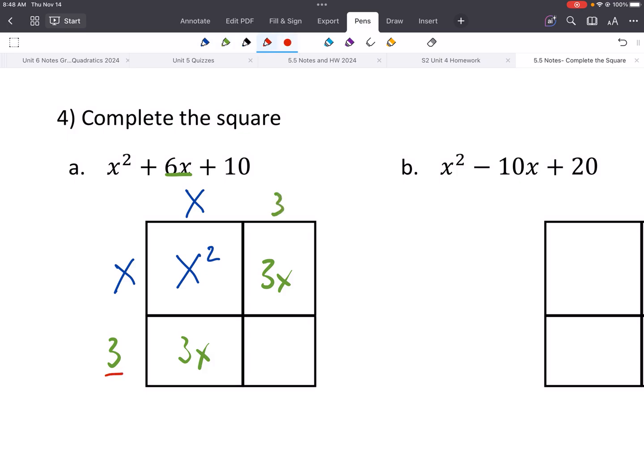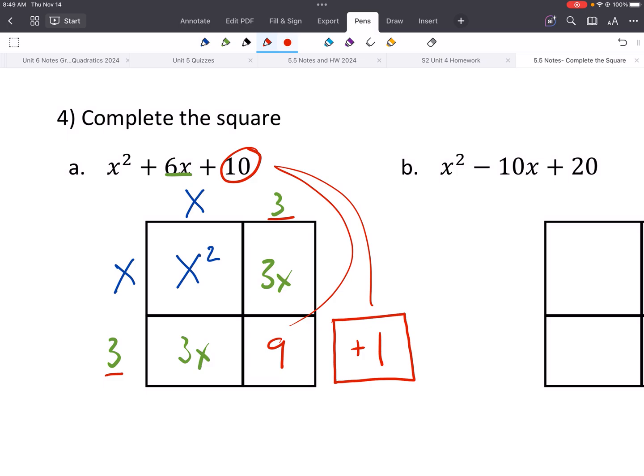Again, we multiply 3 times 3 is 9. But here you might notice that it's not 9, it needs to be 10. So here we're going to add this extra box for what we need to make it 10. So 9 plus 1 would give us 10, okay?